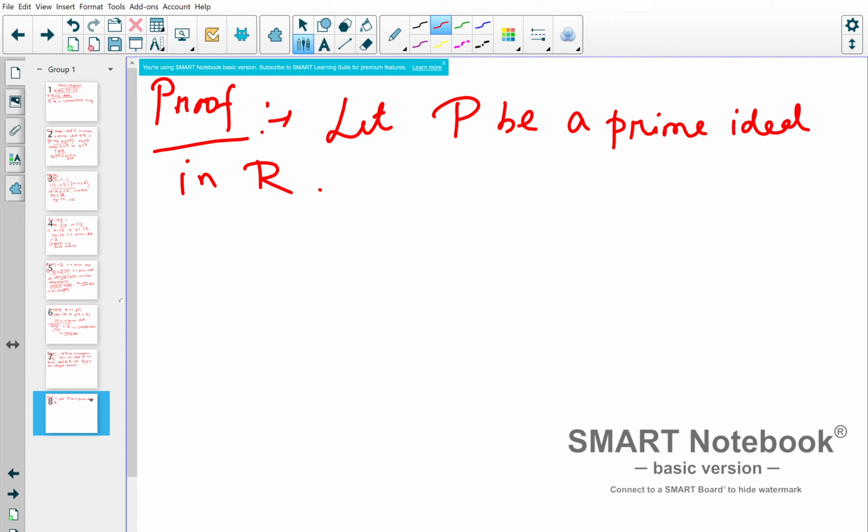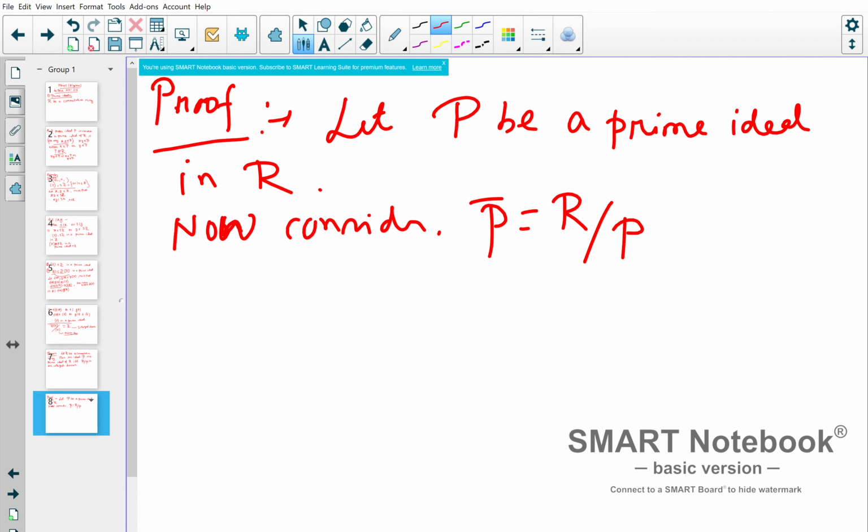So what do I need to find? We need to prove that R mod P is an integral domain. Okay. Now consider, so let me write down, P bar is R mod P.